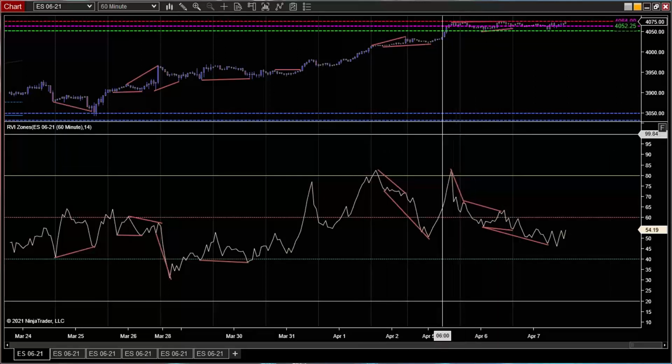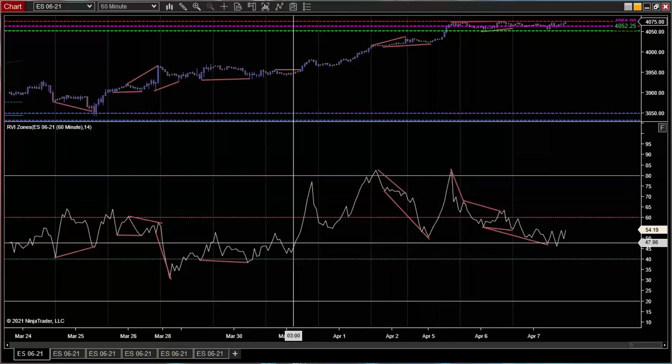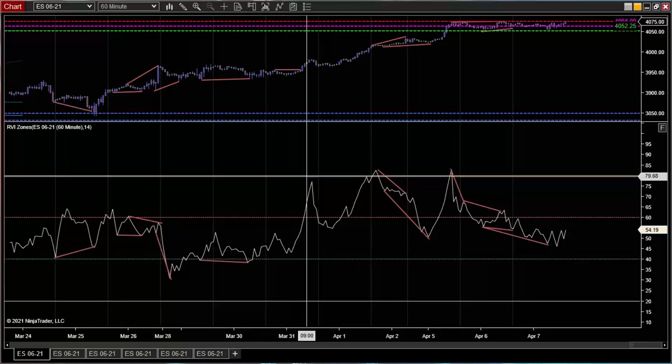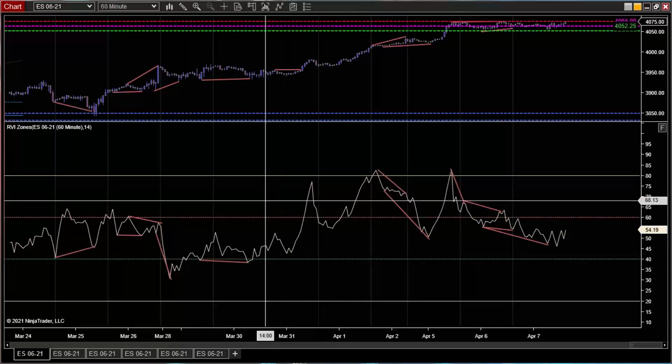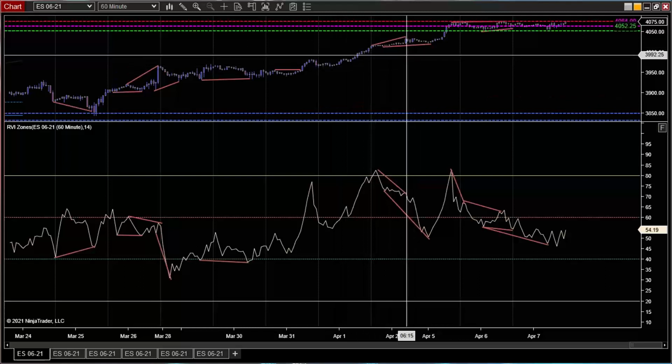I haven't seen that before. But if you're holding 40 and you're coming up into the 80 range, that's telling you that you're in a strong bull market. And so rather than looking for shorts, you want to start looking for longs off of the lows of price.